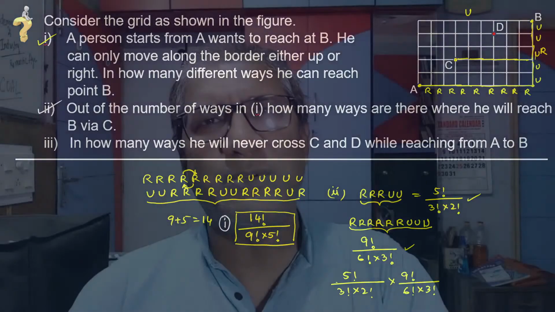Is it clear or not? In the question they have said from A to C and from C to B, so I have simply multiplied the number of ways from A to C and the number of ways from C to B to get the number of ways the person can reach from point A to point B via C. Is it clear to everyone?